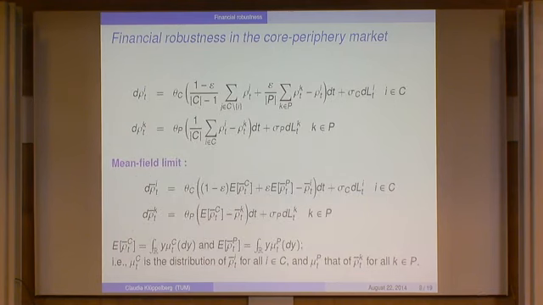Okay, and this is how we specify the W's. In a way, we assume homogeneity in these different blocks, because in the end I want to derive a mean field limit, and I need some regularity for that.